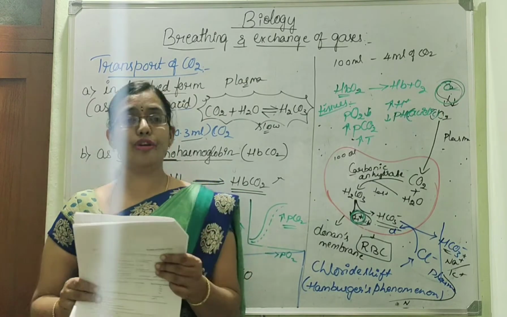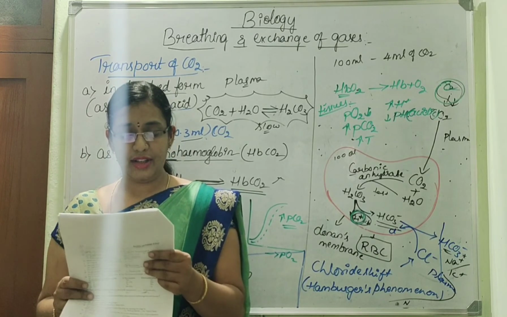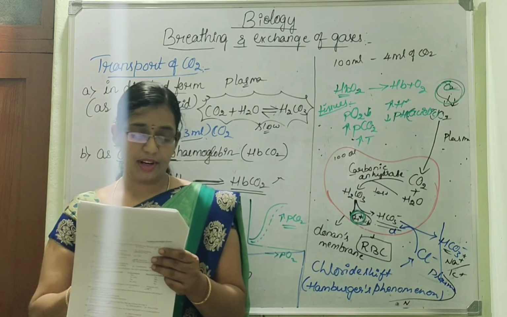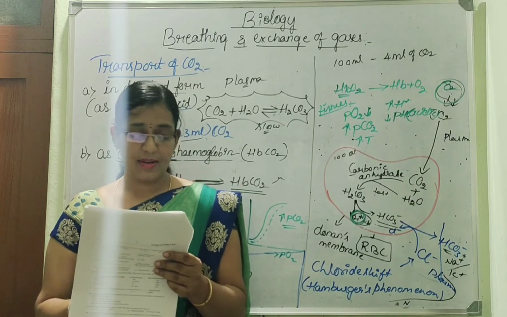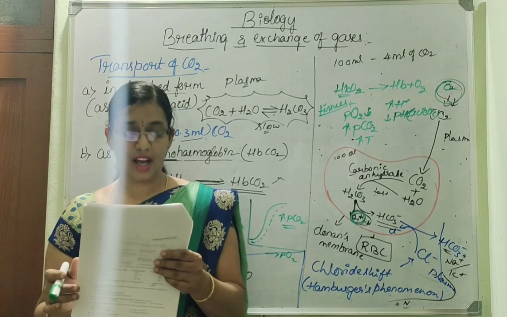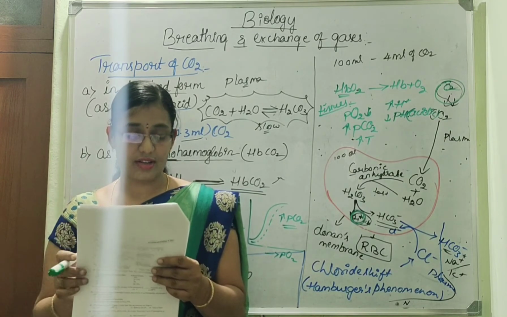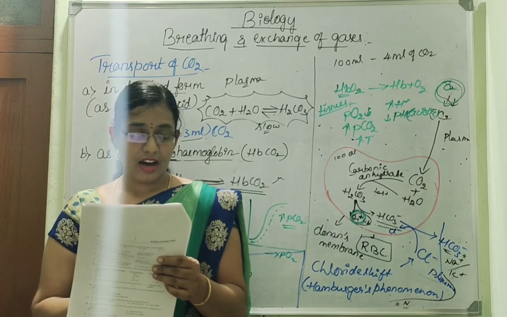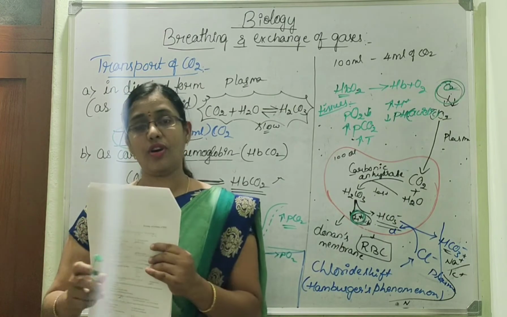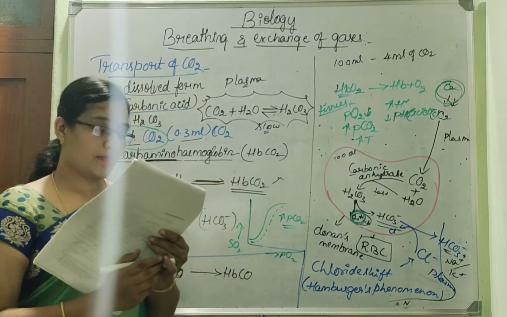It is 4 ml, option D. Next, oxygen binding to hemoglobin is option A directly proportional to carbon dioxide concentration, B directly proportional to carbon monoxide concentration, C inversely proportional to carbon dioxide concentration, D independent of carbon monoxide concentration. So oxygen binding to hemoglobin is inversely proportional to carbon dioxide concentration. So here it is option C.